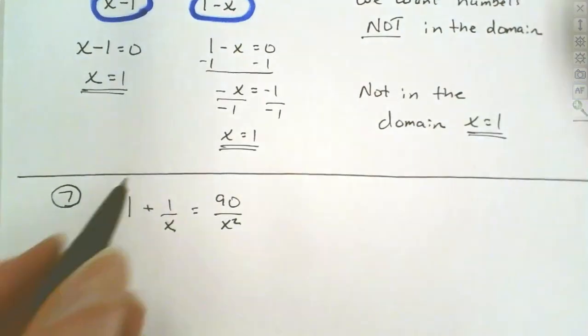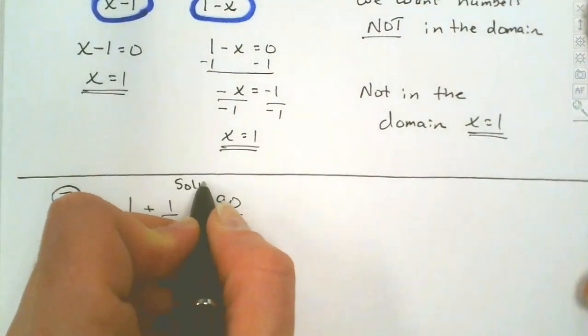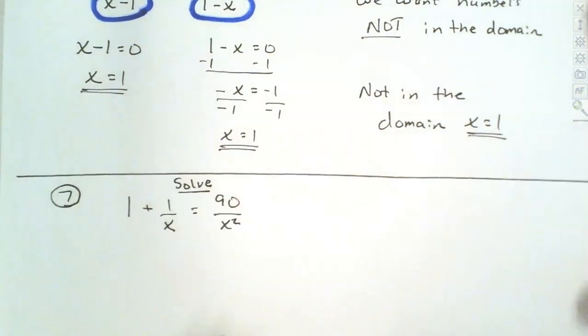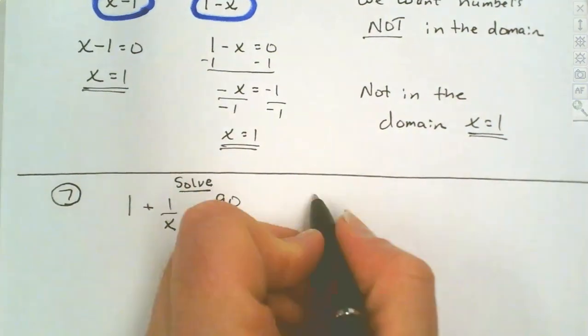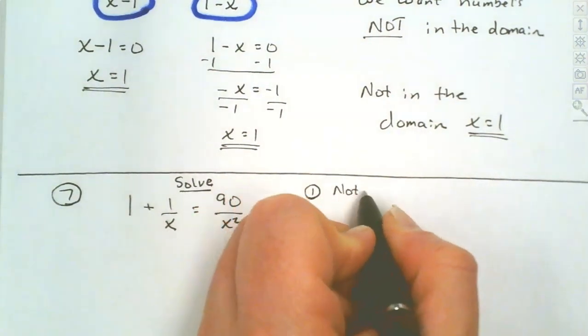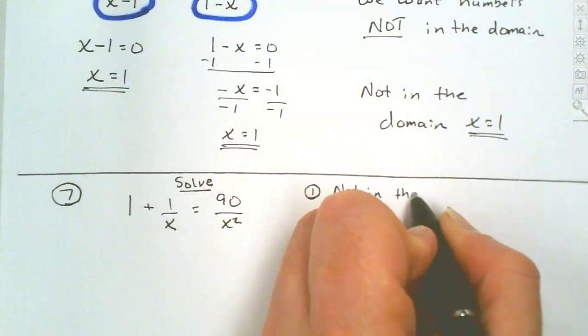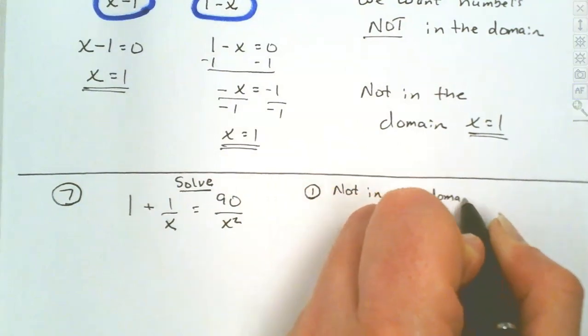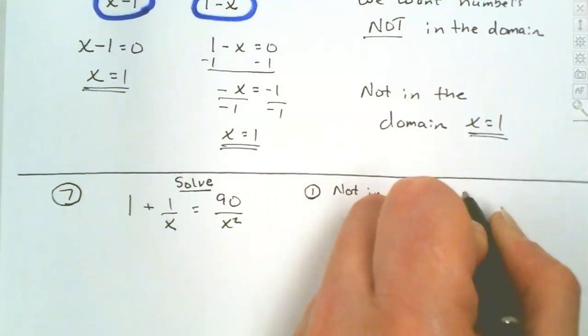And so this one is actually solved. For rational equations, we have a step-by-step procedure. And the first thing we do is we find the number or numbers not in the domain. What number is not going to be in the domain?